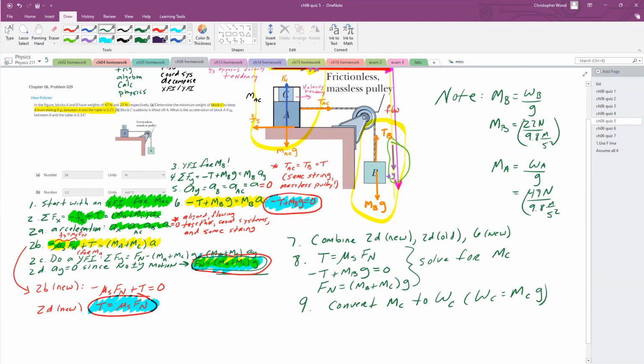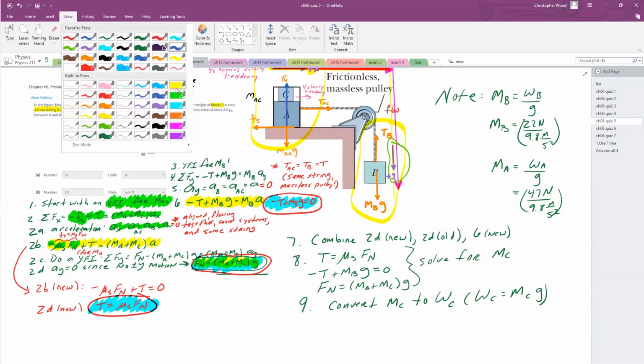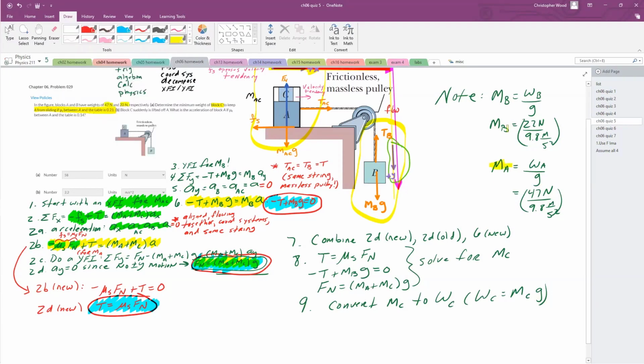So this is my result for mass A and mass B, which I will need. This is mass B. This is mass A.